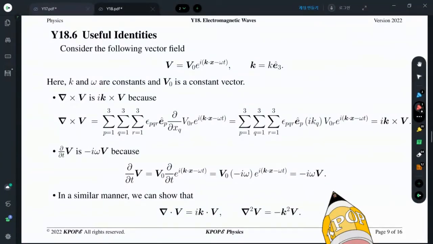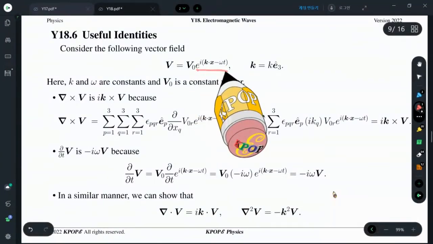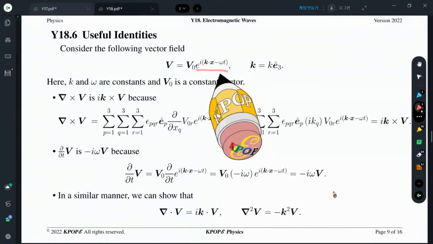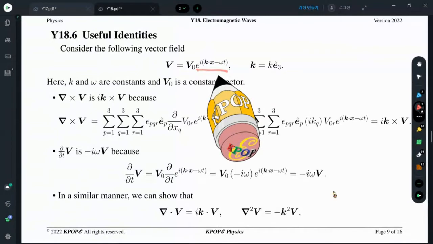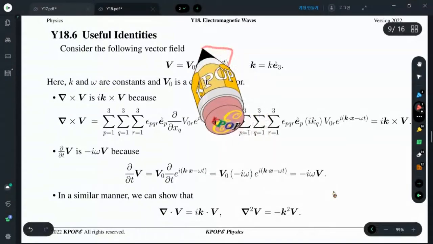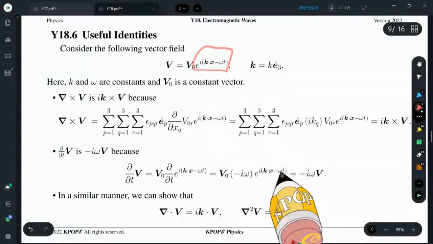In there, we learned the sinusoidal wave is well described if we use exponential function. So it is more convenient to use the exponential function for the oscillating wave instead of a pure sine or cosine wave. They are equivalent, but the analysis becomes much easier when we introduce the exponential function.